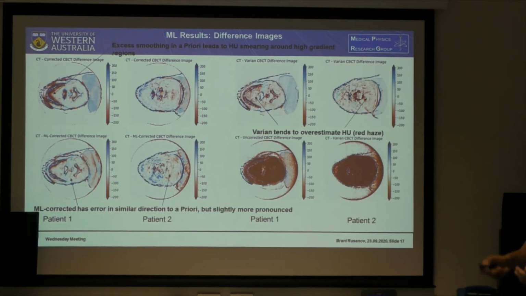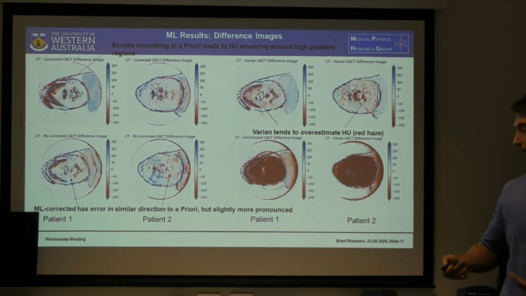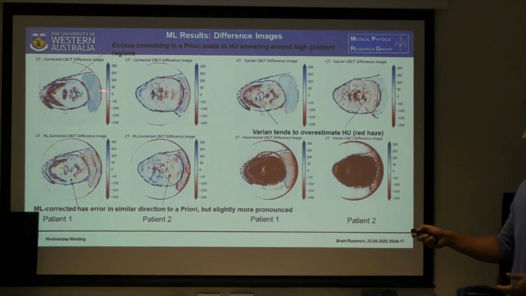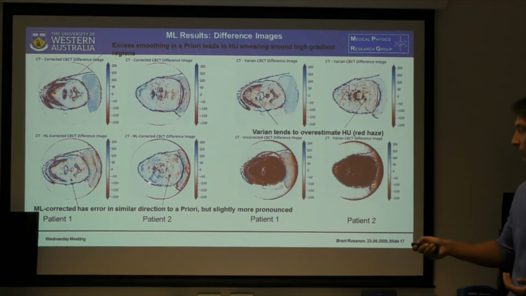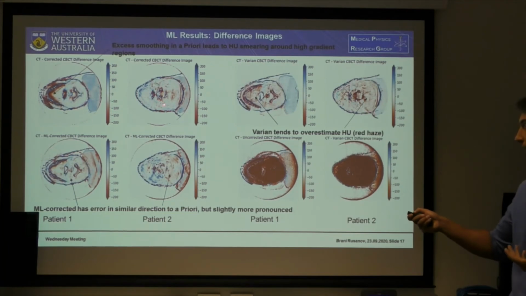And we also noticed that the direction of error in the machine learning method is similar to that of the a priori method, but slightly more pronounced. And this makes sense because both methods use the same underlying concept to correct for the scatter, but because it is a machine learning prediction, it's very unlikely that it'll be as good as having that raw data. But it's performed pretty well.